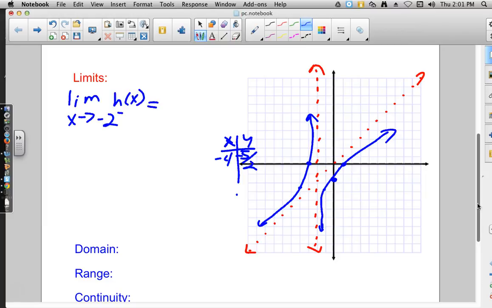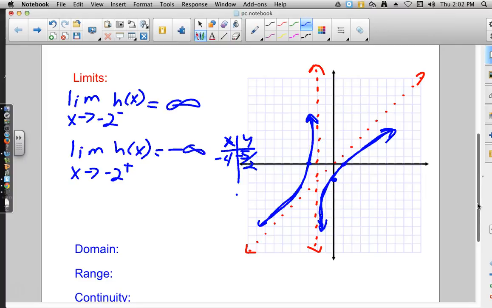Again, you want to be careful with that so you don't get dinged for presentation error in calculus. And then -2 from the right. So as we approach -2 from the left-hand side, our branch is going upward, infinity. As we approach -2 from the right-hand side, our branch is going downward, so -infinity.